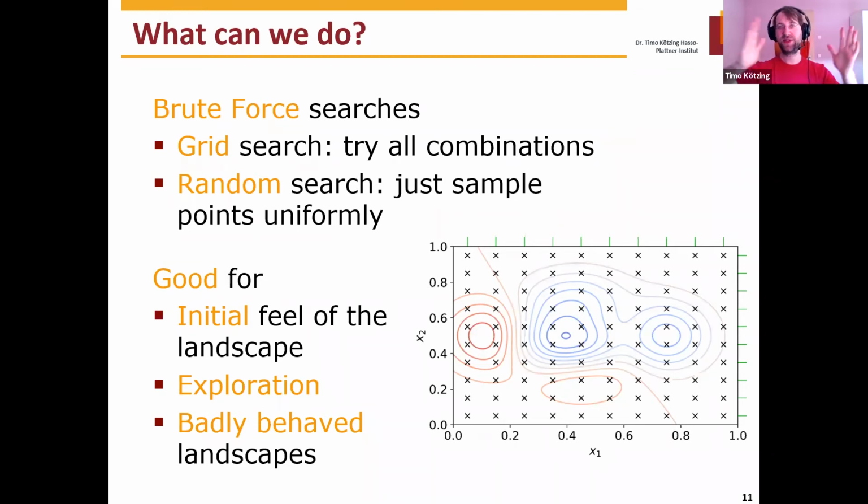With the grid search, you really open up and you explore. And if you have a badly behaved landscape that doesn't help you, then you can just do everything in parallel, because whatever you learned about the search space previously doesn't help you anyway, because it's so badly behaved. That's what I mean by badly behaved: previous knowledge doesn't help you later. Then this brute force is all you can do anyway.